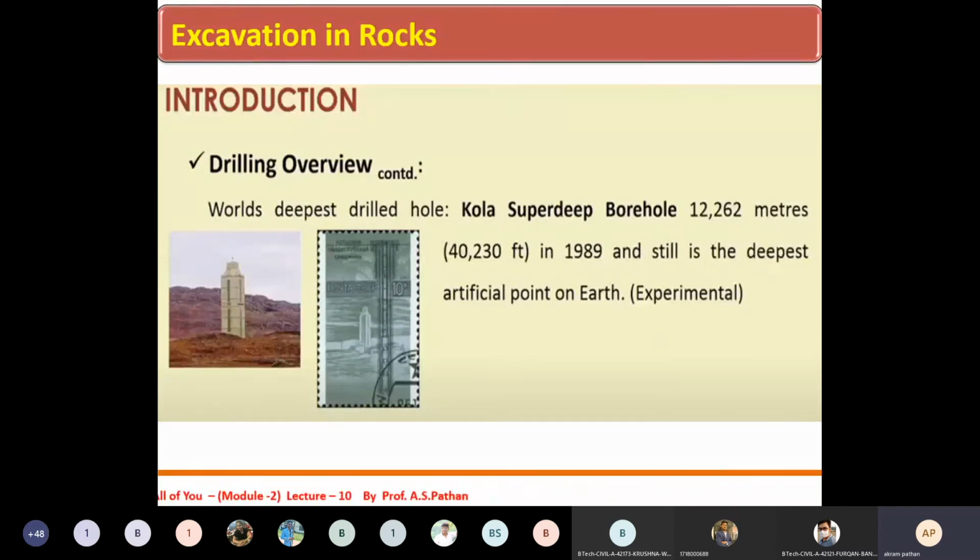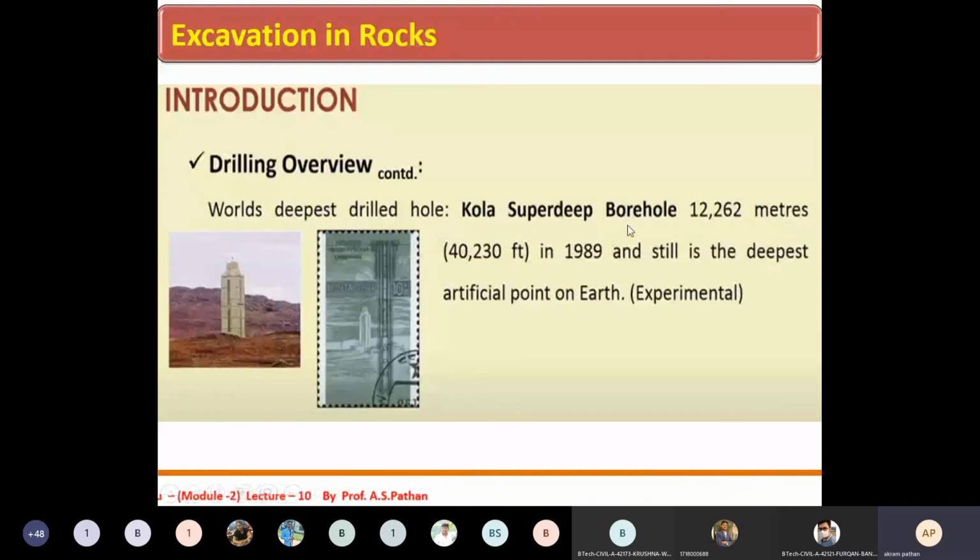Means if you want to know what the various materials available below the ground are, and their hardness property, we require certain kind of knowledge.